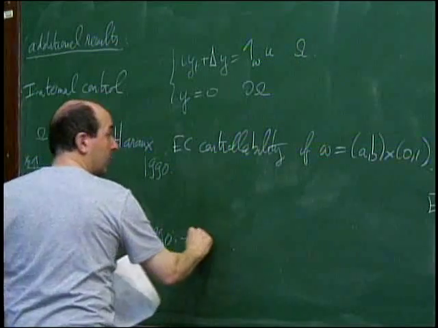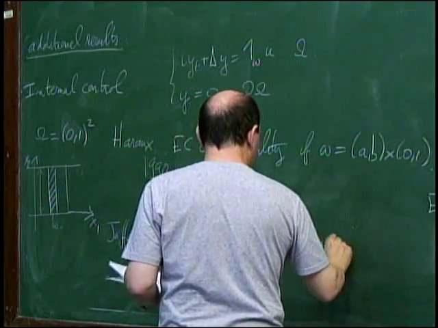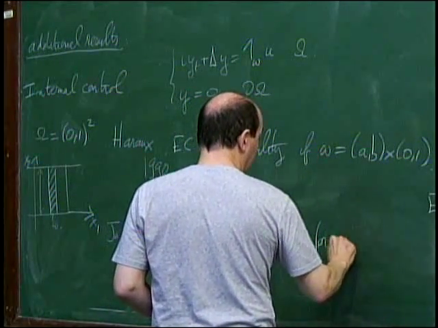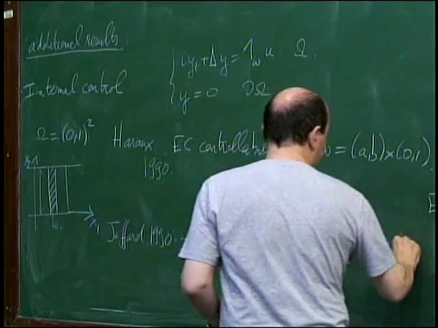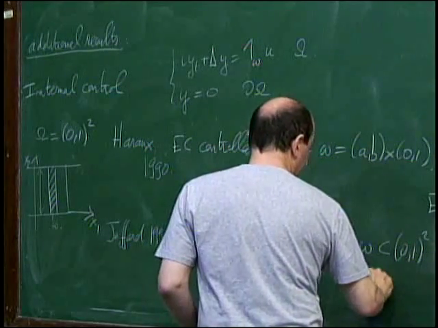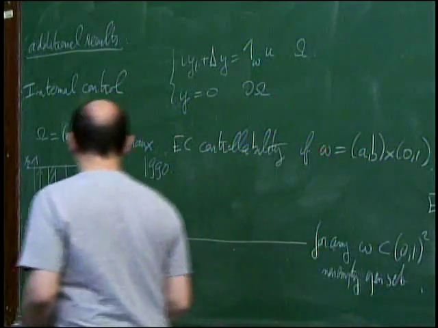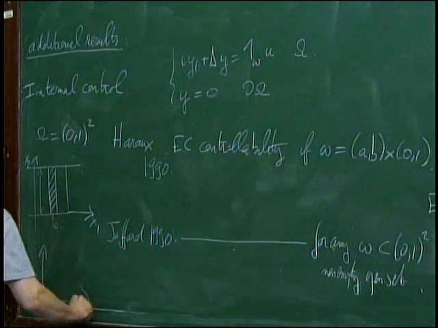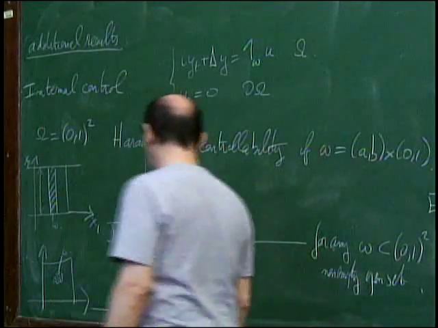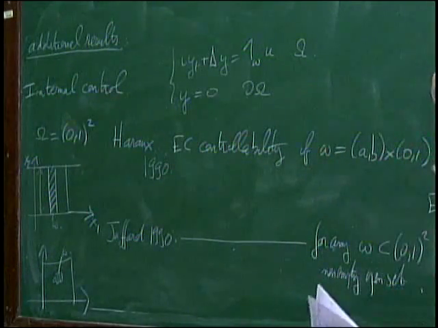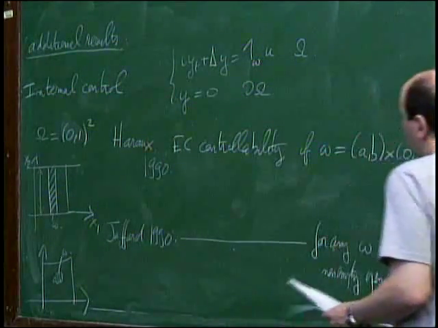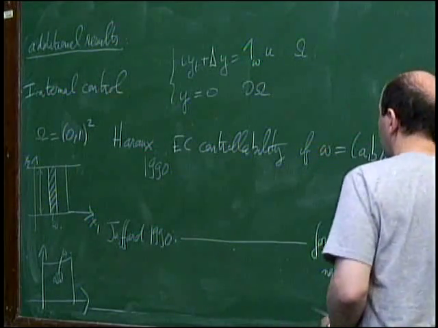So it proves that you have actually the same thing if omega is any non-empty open subset. So you have the same property with any small omega. So it was also a surprise because in that case it's clear that you cannot control the wave equation. So it seems that you have the same kind of control property as for the heat equation. And so it was a big surprise.